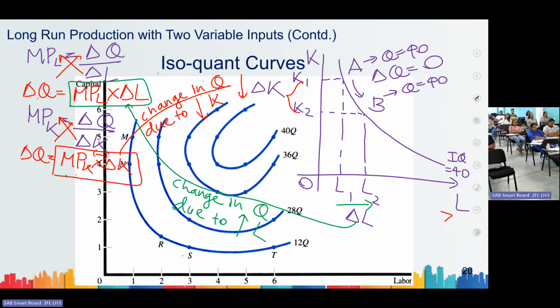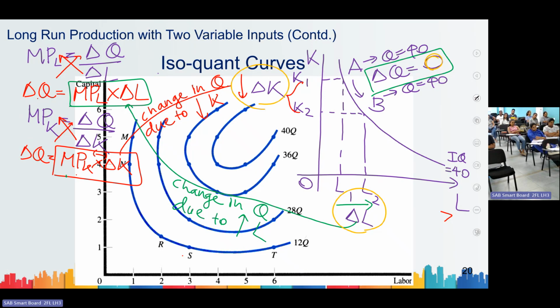And also we understood that because of this movement, there is no change in output. So the net effect of this increase in labor and this decrease in capital should be 0.